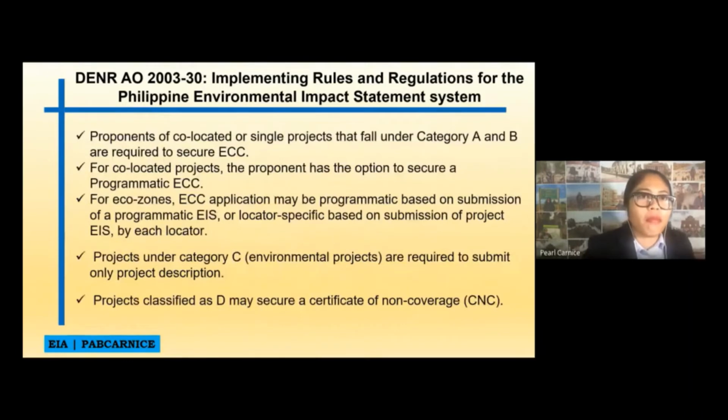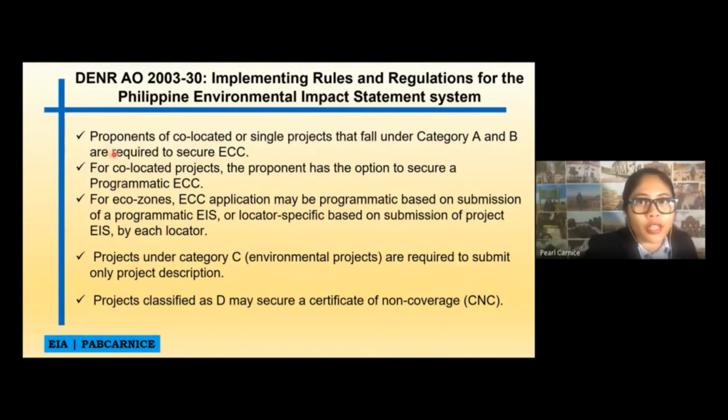And of course, we also have the proponents, which we discussed on the previous slides in the first presentation we had today. These are again the requirements that we will need. For category A and B, definitely we have to secure an ECC. For co-located projects, we have to secure an ECC. For eco zones, of course, we have to secure an ECC.